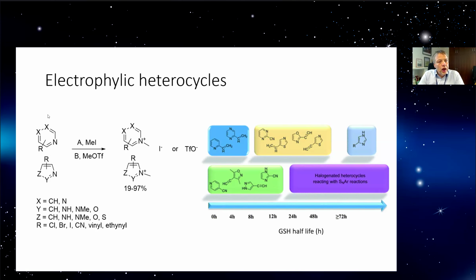In addition to these reactive electrophilic heterocycles, we also created their N-methylated analogs, just improving the electrophilicity of these fragments. And we derived these N-methylated derivatives by simple methylation reaction, typically performed at acceptable or even high yield. Using this approach, we were able to cover quite a large range of reactivity as measured in the GSH half-life.